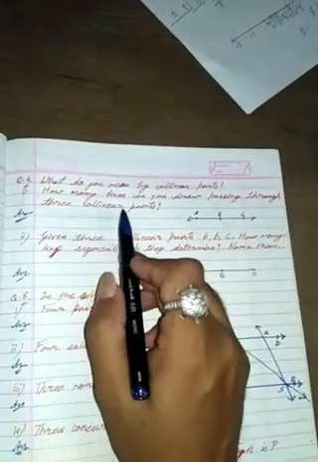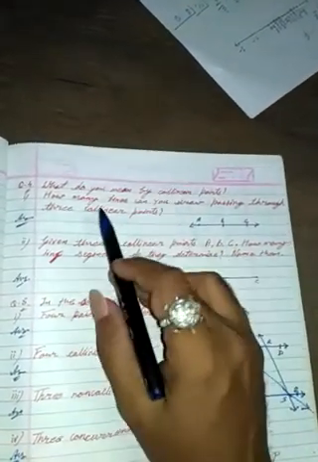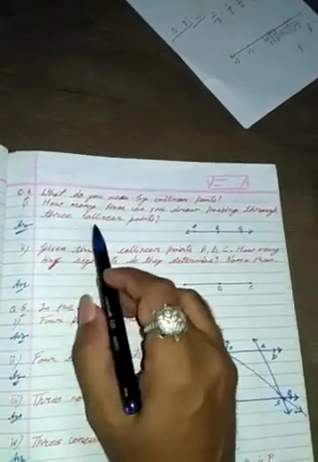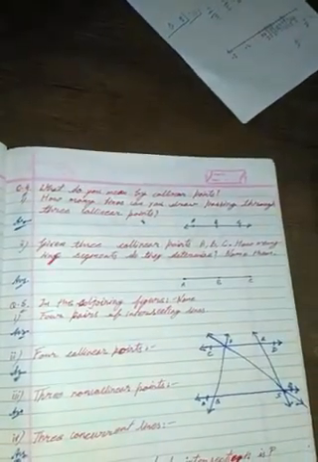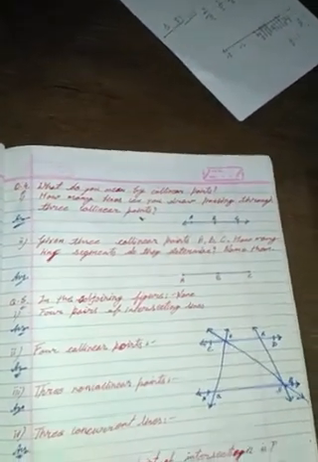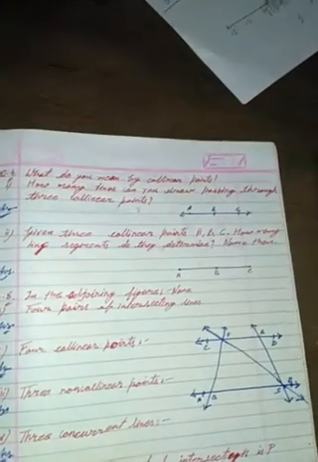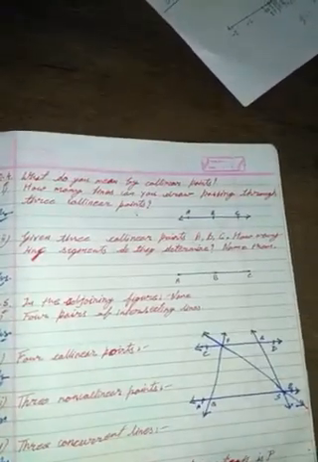First, how many lines can you draw passing through 3 collinear points? Now, 3 collinear points are given. Suppose A, B, C. How many lines can you draw?